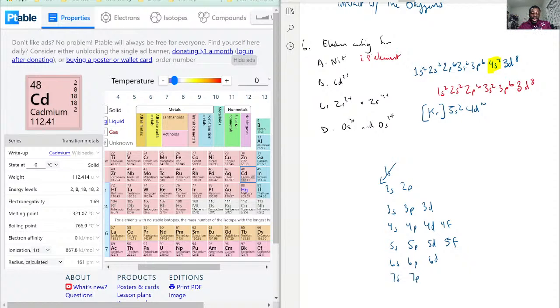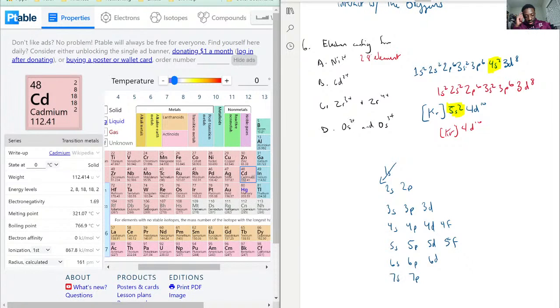To find out specifically what would be given up for cadmium 2+, I still contend that it will be its most outer shell. So for cadmium 2+, we'll have krypton, and then just 4d10.